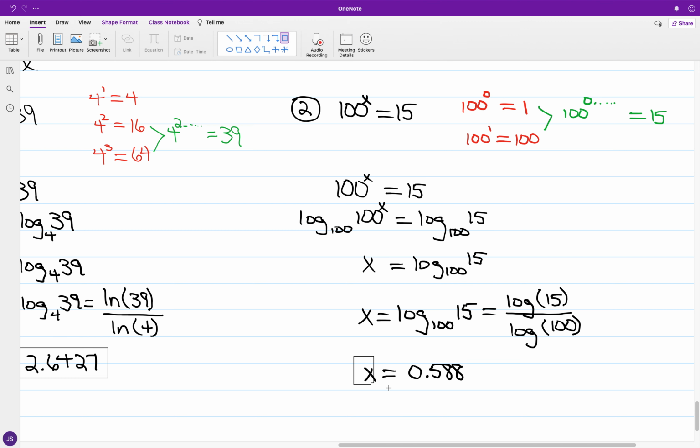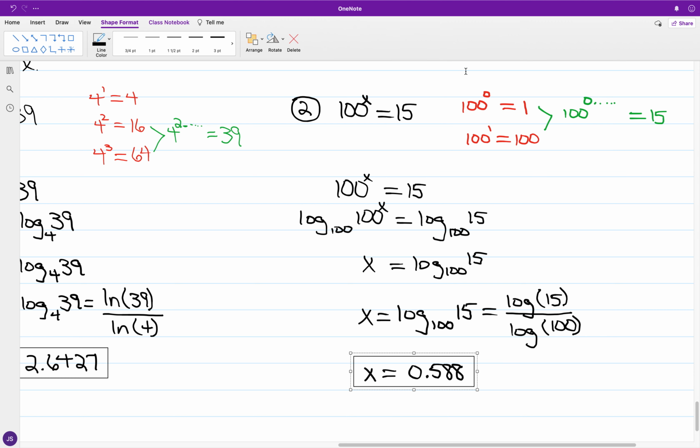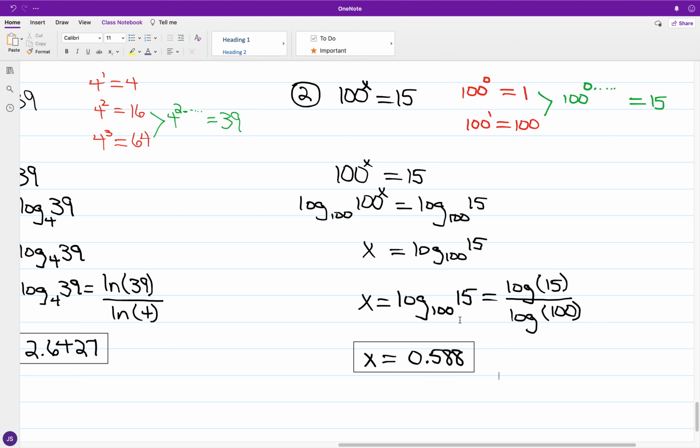All right. And now, this is a case of what we have with x on one side of the equation.